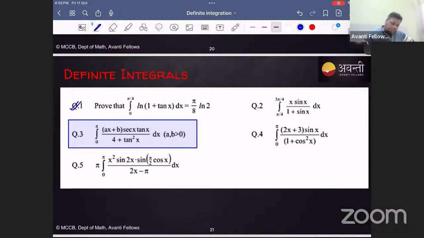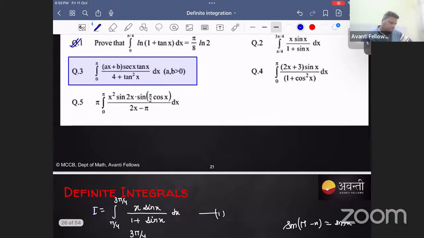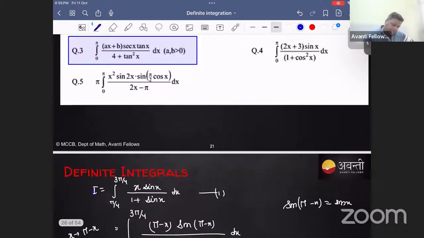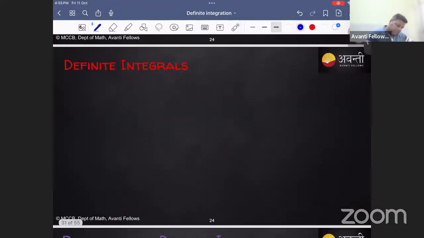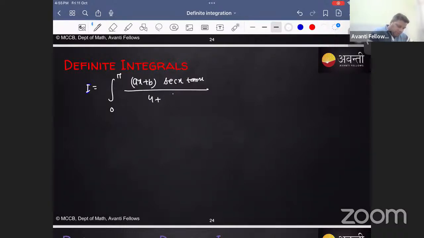See, ax plus b sec x tan x upon 4 plus tan square x. I is integration ax plus b sec x tan x upon 4 plus tan square x dx.